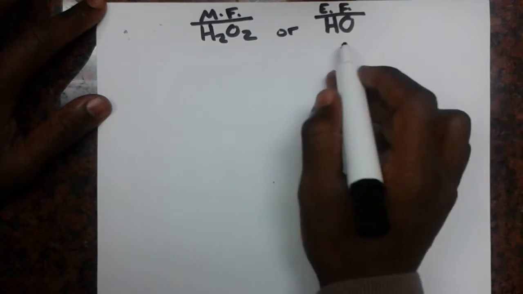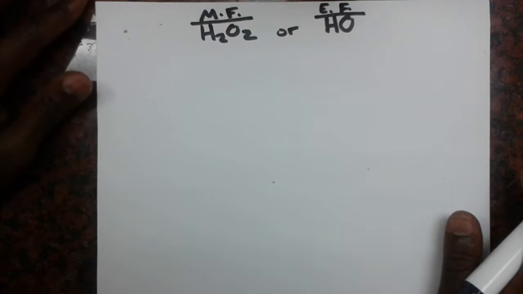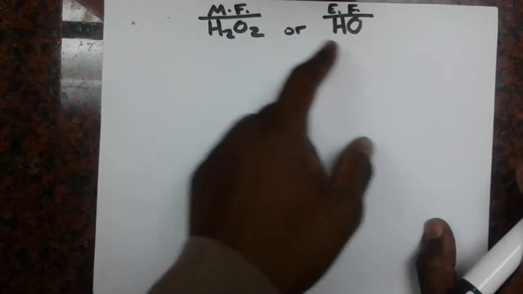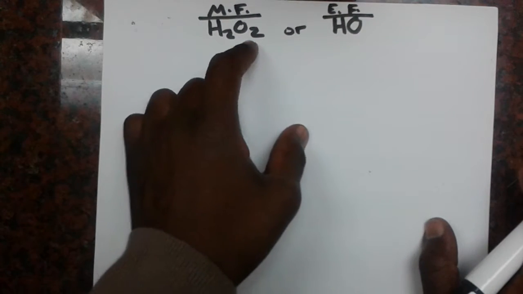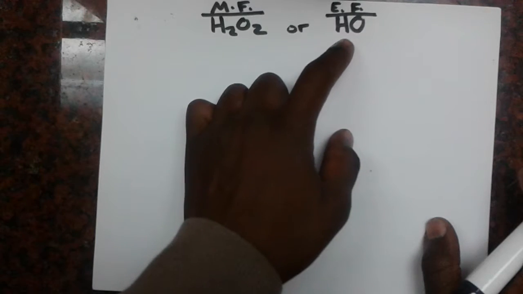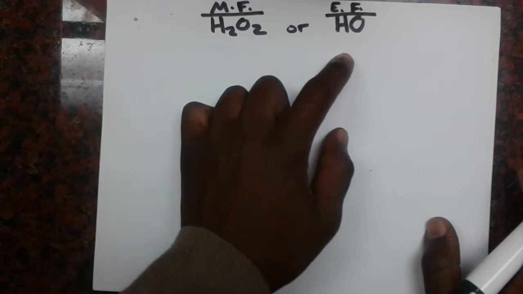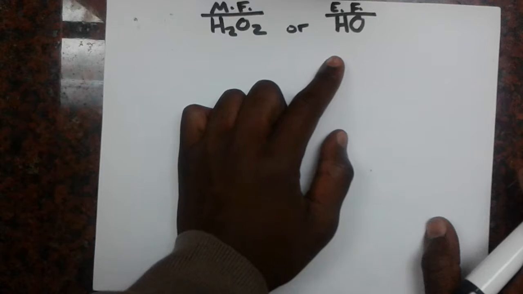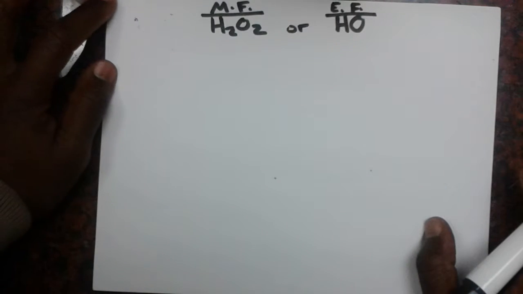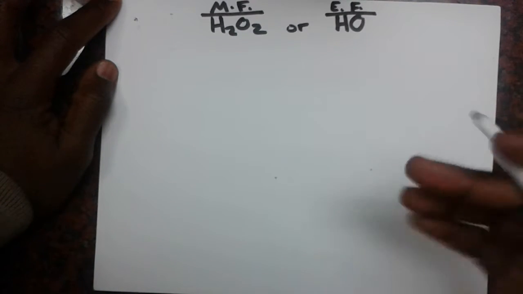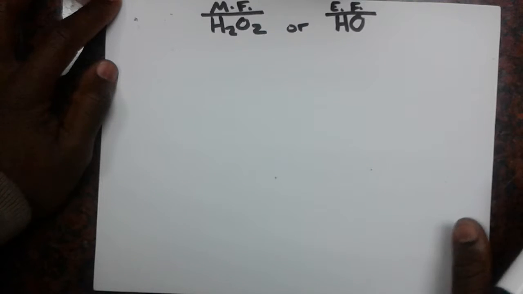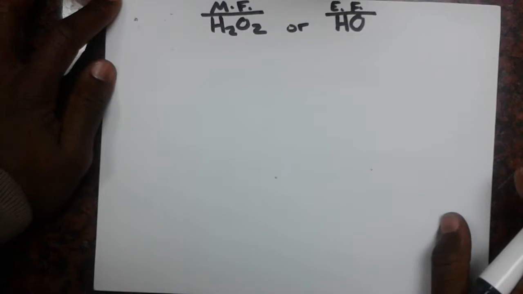So obviously, if we're just converting from empirical formula to molecular formula, you just need to know what this formula is, and you would use some additional information such as the quantity of hydrogen and oxygen in terms of grams or moles found in an unknown sample.